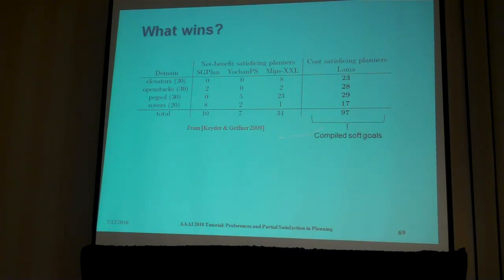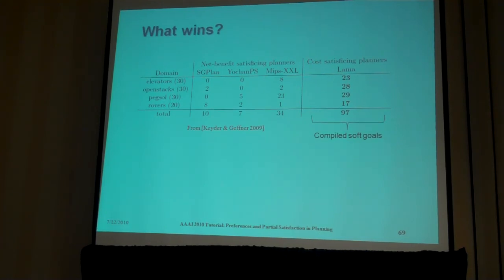So now here's a selection of planners. Yoshi PS was also included in this, although it was not in the last planning competition. MIPS XXL and SG Plan were. SG Plan was the only planner that entered into the satisficing track of the planning competition in 2008.